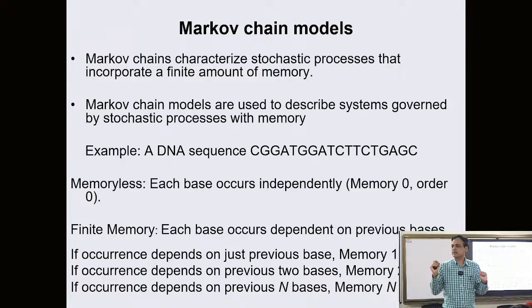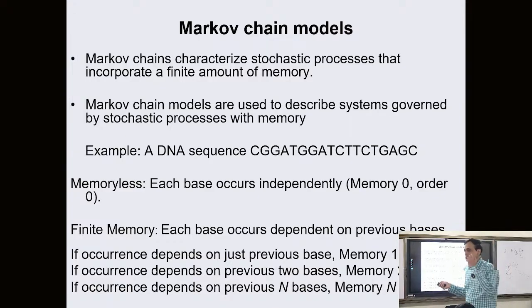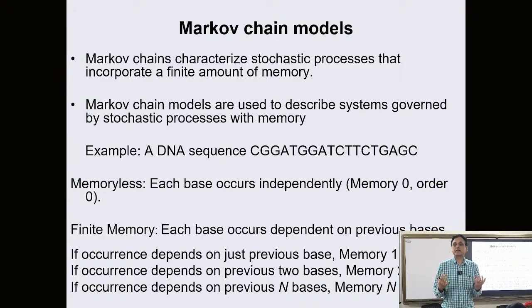It does incorporate some amount of memory. A Markov chain model is used to describe systems that are governed by random processes with some amount of memory. So these are systems that can be described by such models.